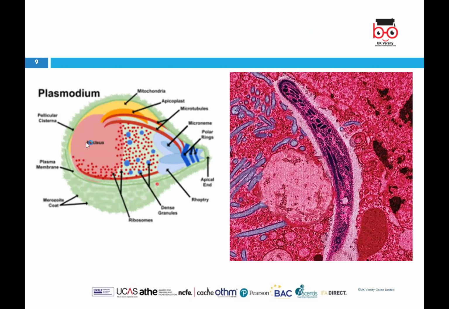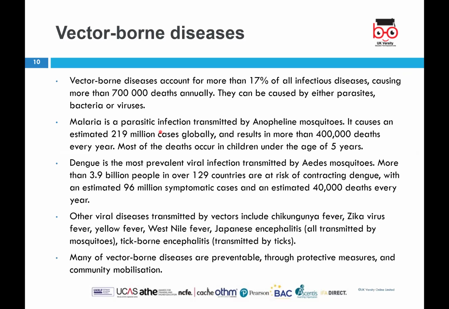They have a nucleus, within which they have the material to replicate. They have mitochondria, which give them energy. They have microtubules and an apical end. This is the Plasmodium, the organism itself, which is transmitted through the mosquito.